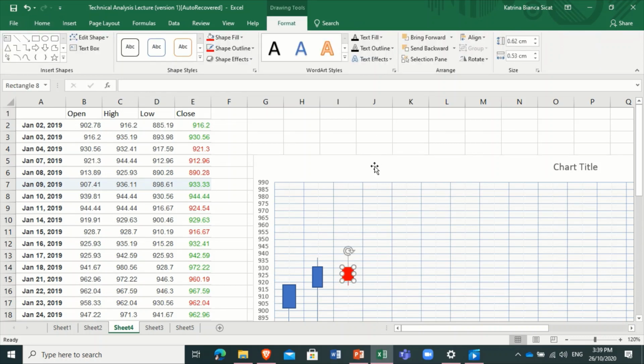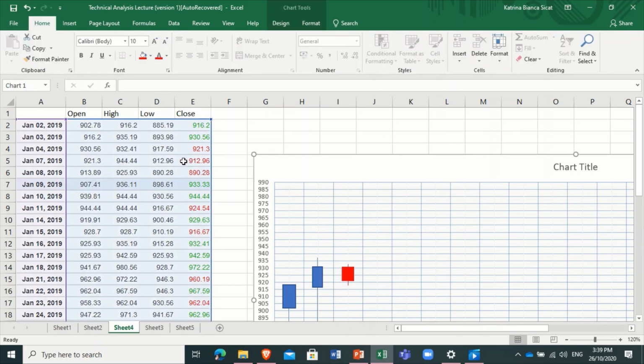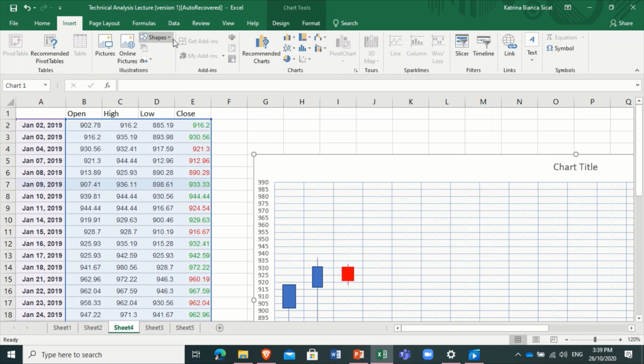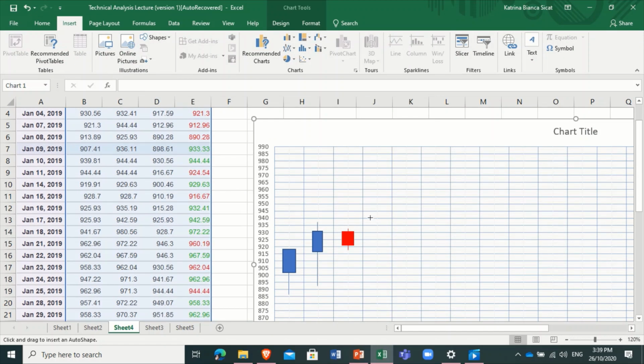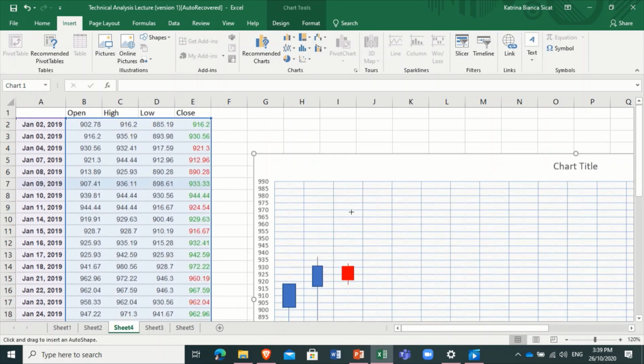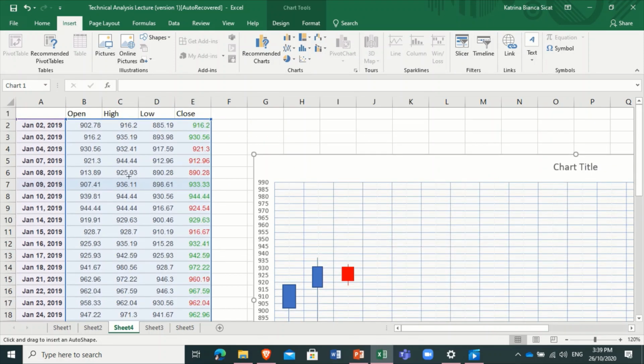Right? Beautiful, beautiful candlestick. So, ganun din, dito sa January 7, it's gonna be a red candlestick. So, let's try to input one more candle. Sige, para mas happy tayo. High and low is 944 and 912. So, inserts. Ayan. Medyo nakaka-test ng patience ito pagka ito na yung pinapagawa ko sa mga students ko.